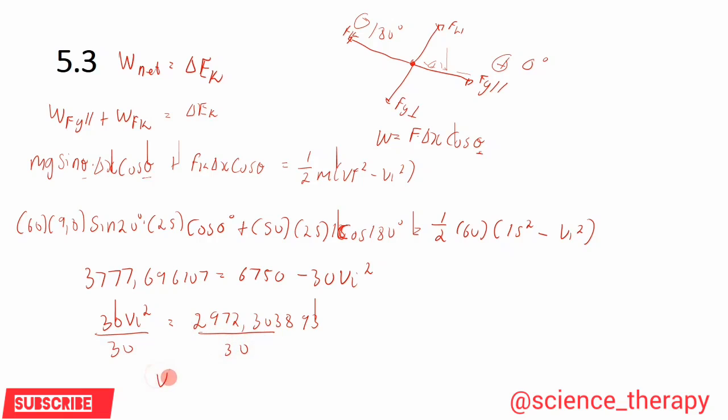Then our VI squared is equal to 99.0767. Then we can square root both sides. Then our VI gives us 9.95 meters per second. And that's how you have it.